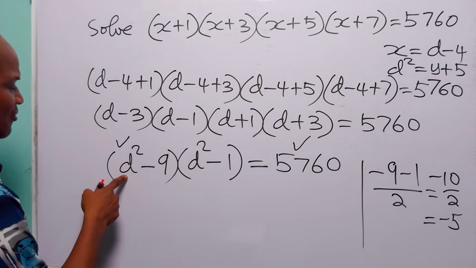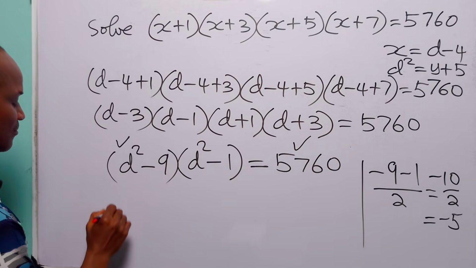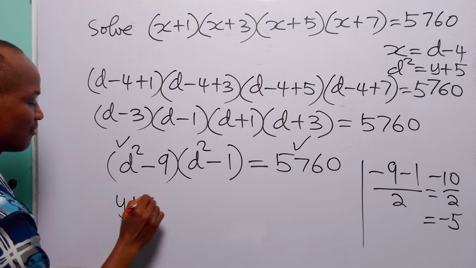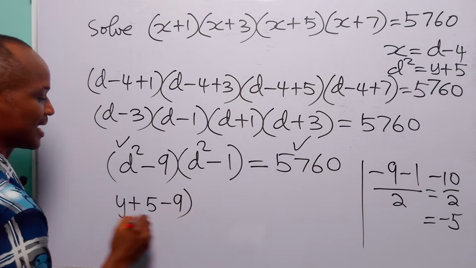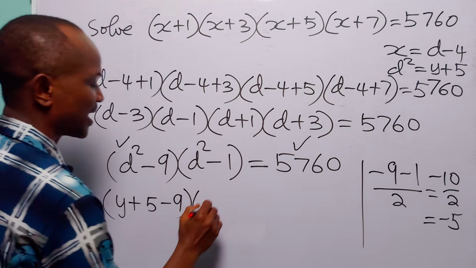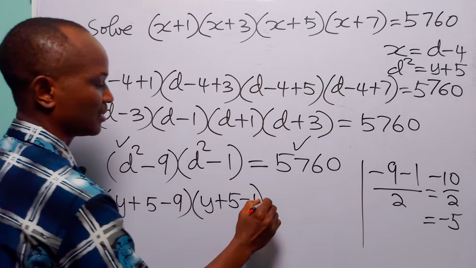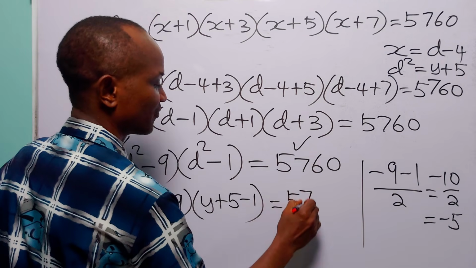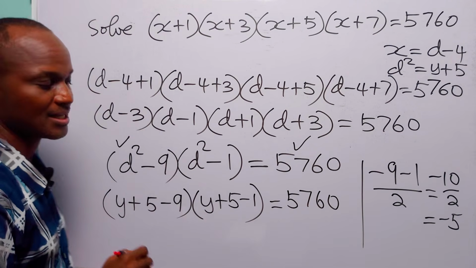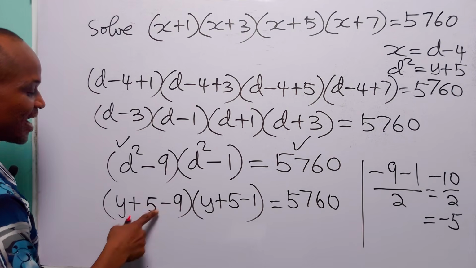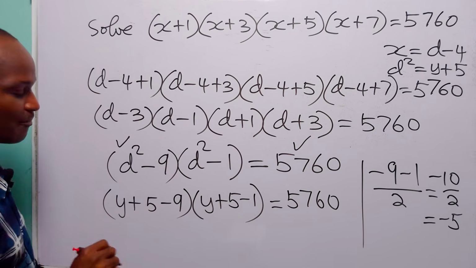That means that we can now write this equation as (y plus 5 minus 9) multiplied by (y plus 5 minus 1), and of course, this is still equal to 5,760. 5 minus 9 is minus 4.